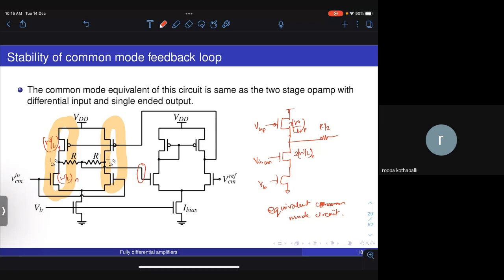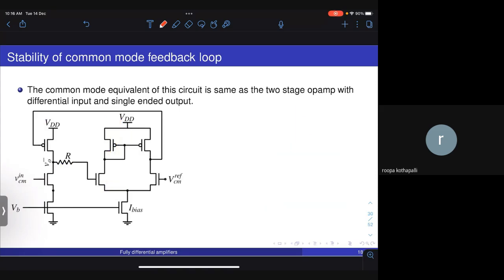Since both the stages are identical, I can combine the two stages, and both the resistances will then appear in parallel. If you simplify it, you can reduce it to a resistance of R by 2. That's what we have shown here. This is R by 2.